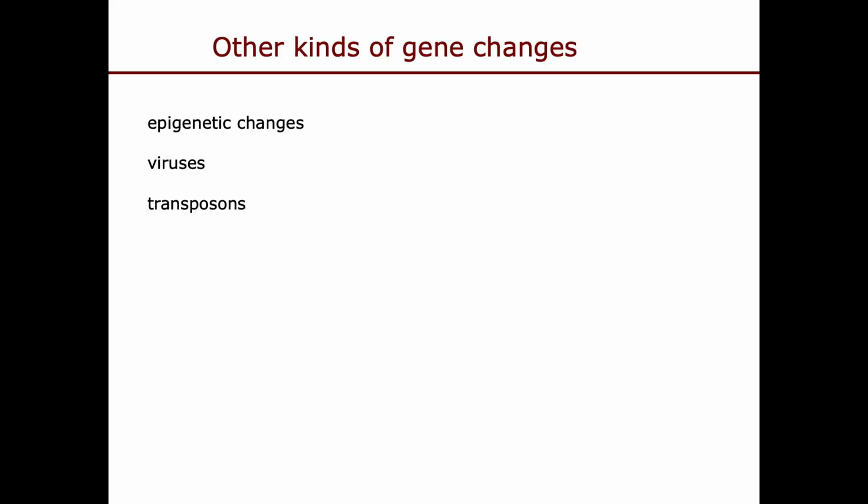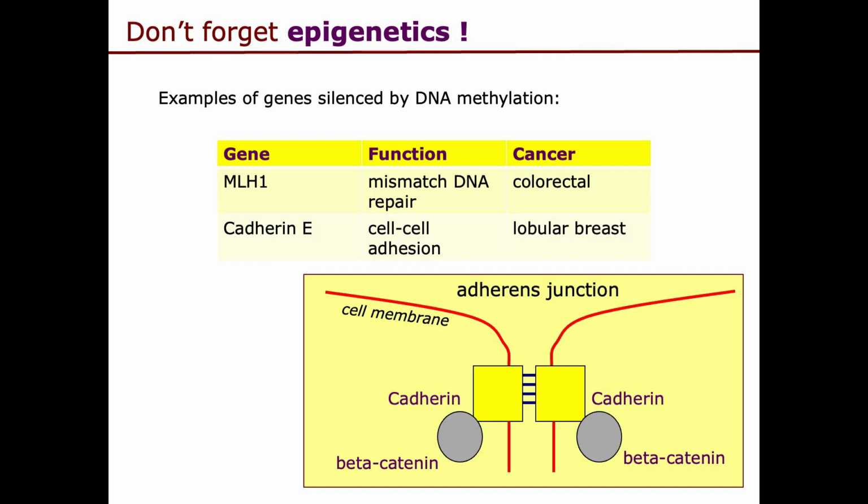As well as changes to the DNA as such, there are several other kinds of gene change that we mustn't forget. There are epigenetic changes, there are viruses, and there are transposons. Epigenetics first. There are several genes known to frequently be turned off by DNA methylation. It's a good example of an epigenetic change.